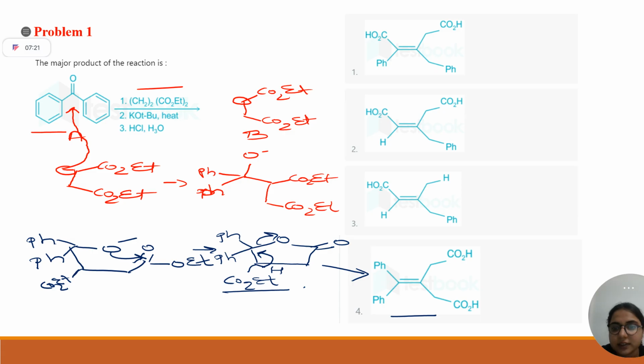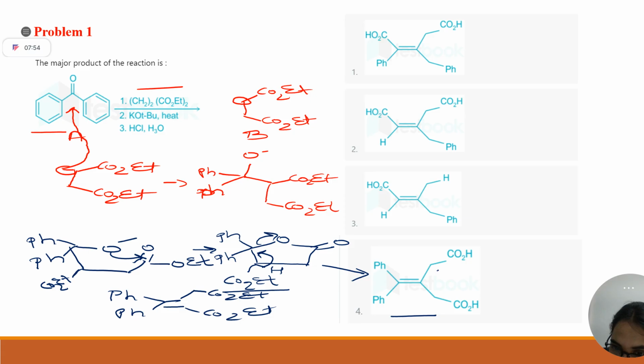But one thing is not correct. Can anyone tell me? Let me write the product here, then you can understand. Ph, Ph, CO2Et and CH2CO2Et, right?